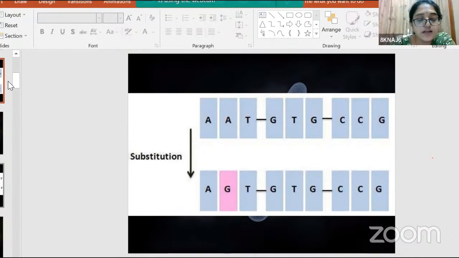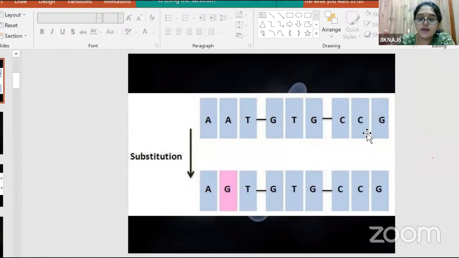In the case of nonsense mutations, what happens is a nucleotide change converts a codon into a stop codon, that is TAA, TAG or TGA for that matter, instead of CAG. What is happening is in the translation part, instead of getting CAG, you're getting TAG.